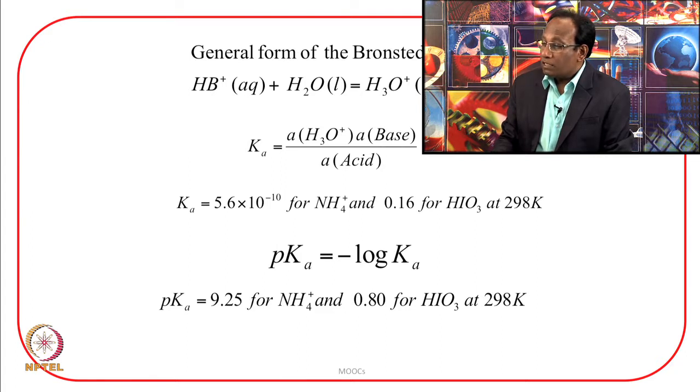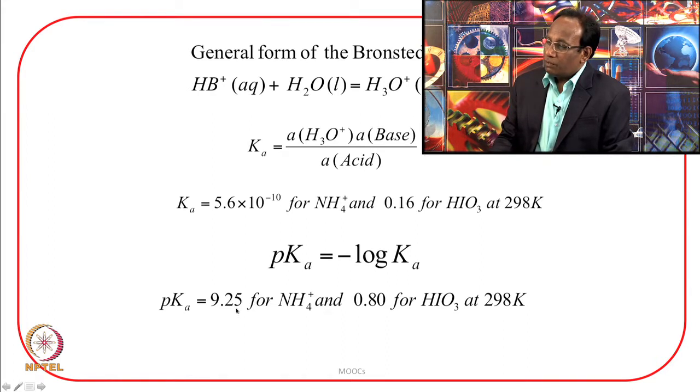So, we can make a general statement: if pKa is very high, the corresponding Ka is going to be small. In other words, if pKa is very high or Ka is very small, it is a poor proton donor. Its ability to donate protons to another molecule is not very high.